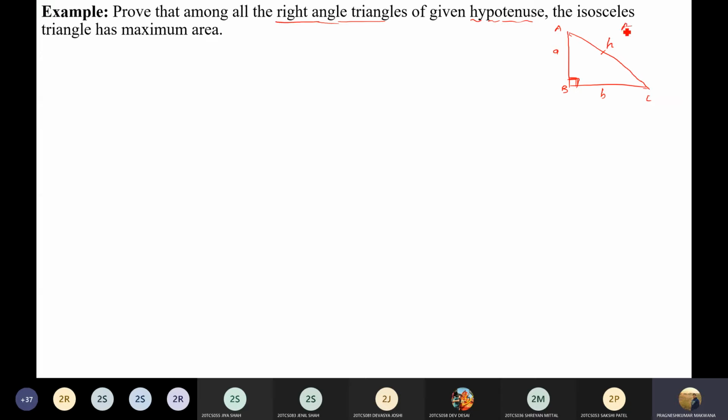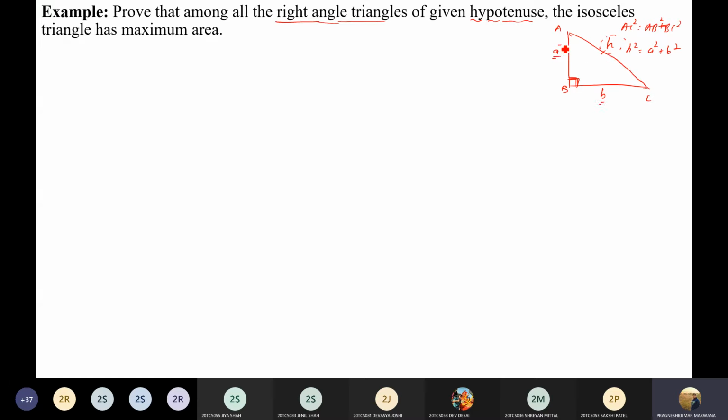That is AC square is equal to AB square plus BC square. So here h square is equal to a square plus b square. Now this hypotenuse is fixed here. So here you can take the given fixed hypotenuse. Now we want to find out these two sides.